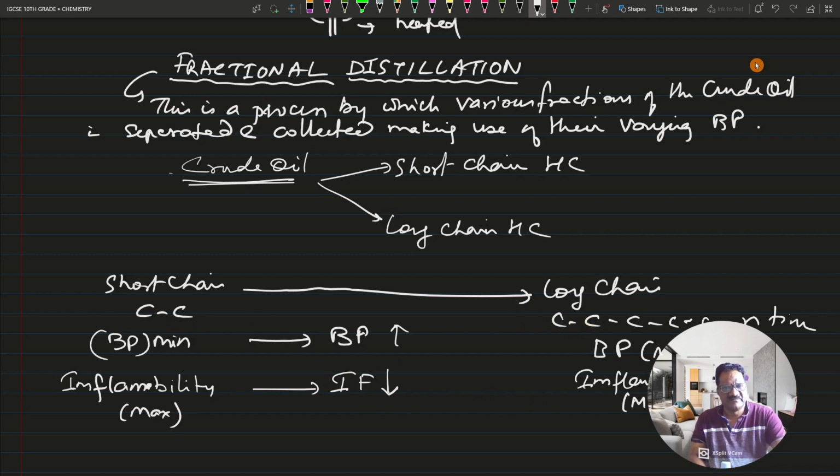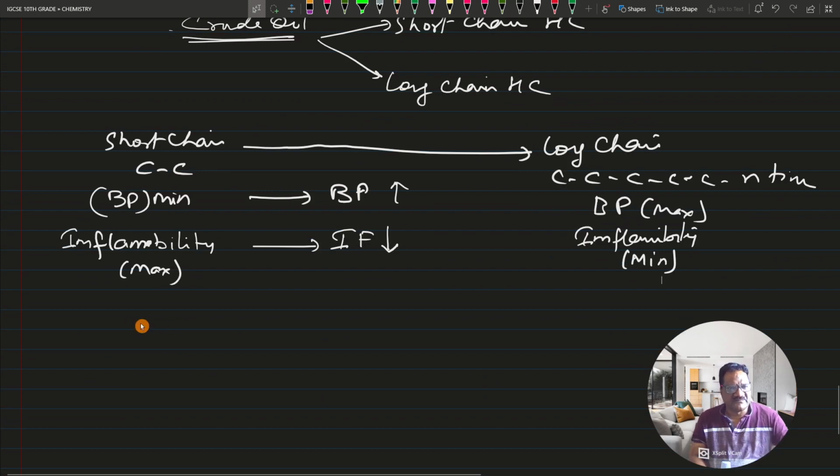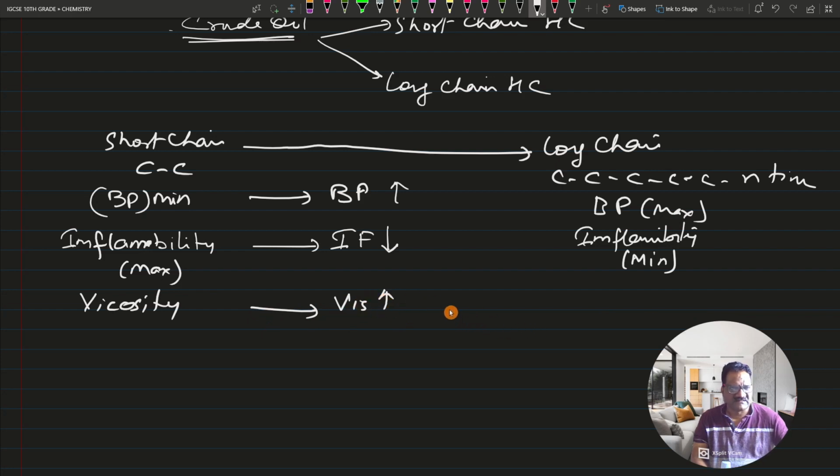Is that clear? Then there's something called viscosity. This is a property which also, as you go from short chain to long chain, goes on increasing. So I'll write viscosity, it increases. Here the viscosity will be minimum, here the viscosity will be maximum.